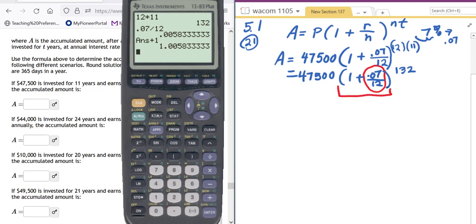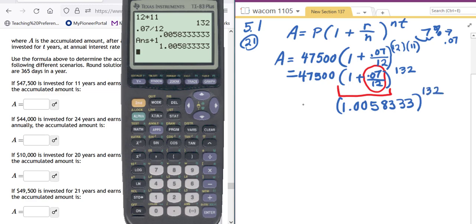Right, and I'm just going to write down the number. That's kind of long. I'm going to use that whole thing so that I'm not getting too much round off error. But I can write it so that you have some down here. 1.00583. And this 3 goes on forever. But if I don't clear my calculator, I've got all that in there.